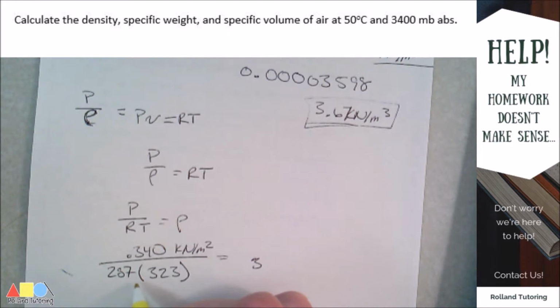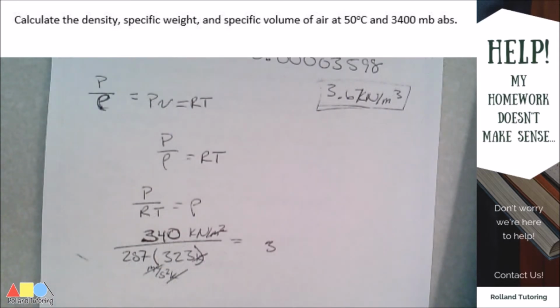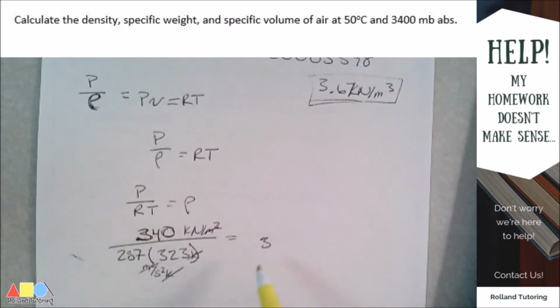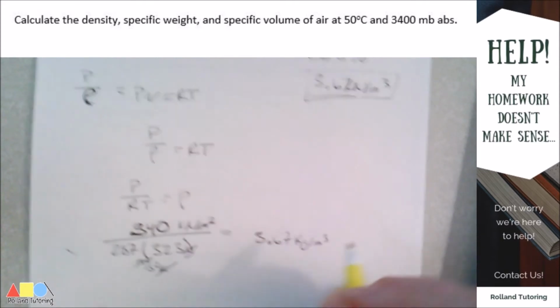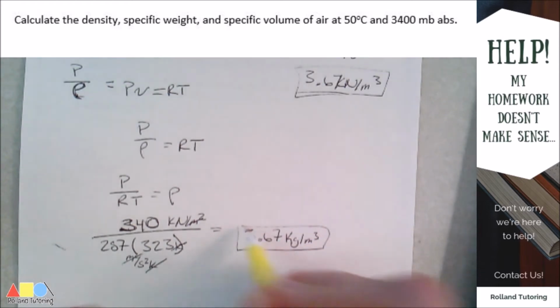Our R is meters squared per second squared Kelvin. We have Kelvin, Kelvin, Kelvin. Our meter squared. If we continue here with our same equation, we get 3.67 kilograms per meters cubed, and that is our density.